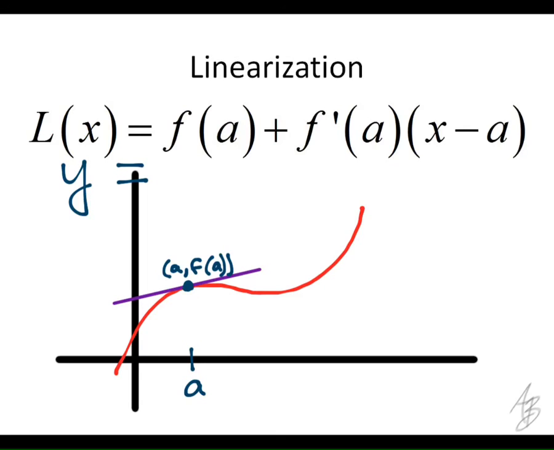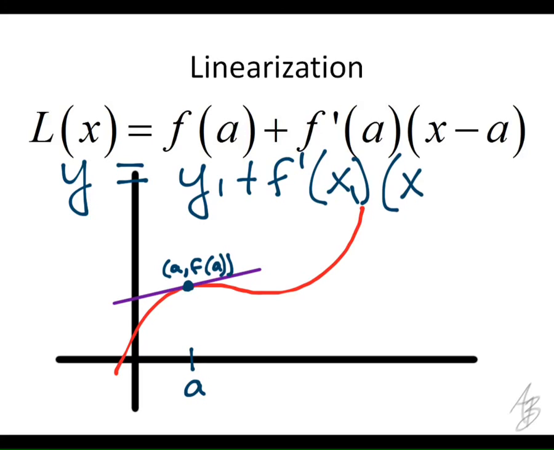The f of a is the value of y at the point, right? So the value of y at the point we might call y1 here. And a is the value of x at that point, so that might be x1. So this would be f prime of x1 times x minus x1.